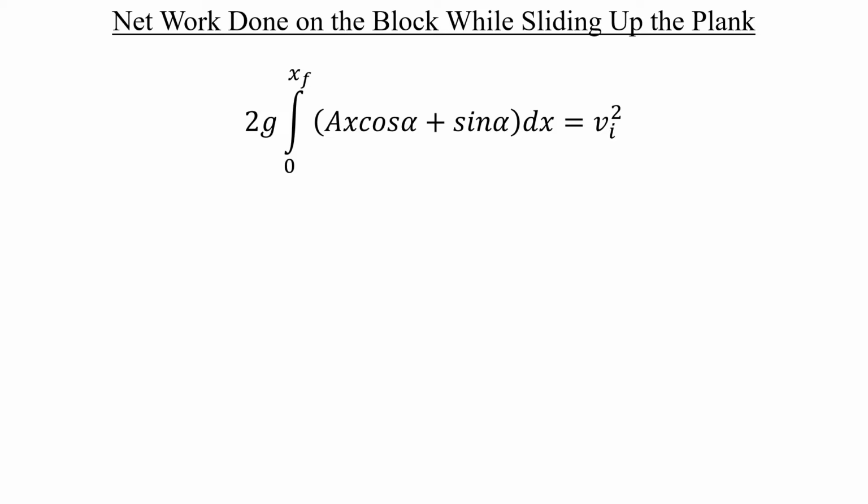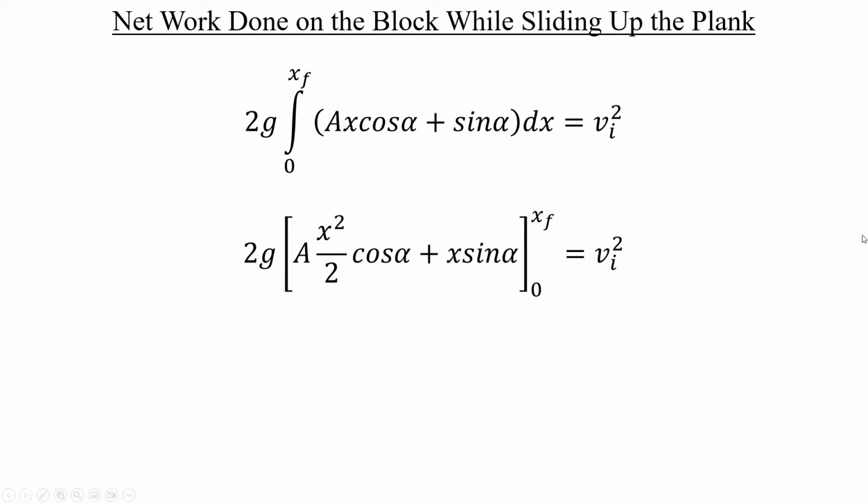The integral is with respect to x, so it doesn't care about a or these trig identities that depend on alpha. So really, it's like we're integrating x plus 1.